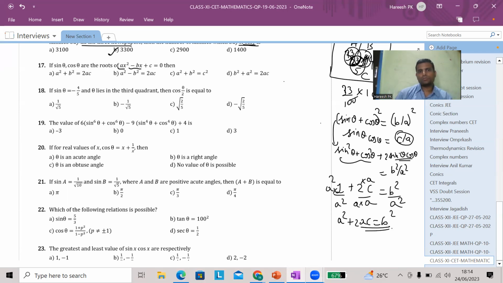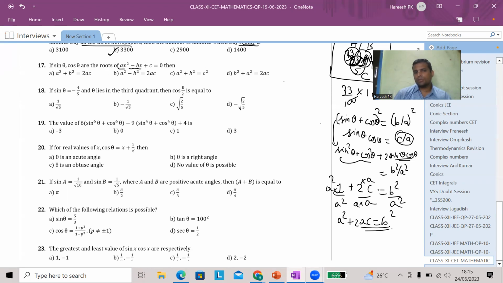So that's which option? a square minus b square is equal to 2ac, right? It's 2c by a.